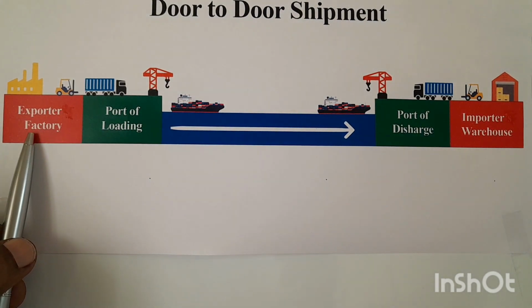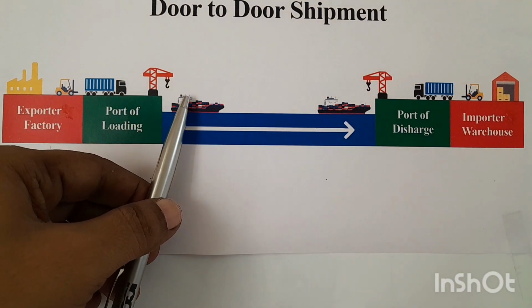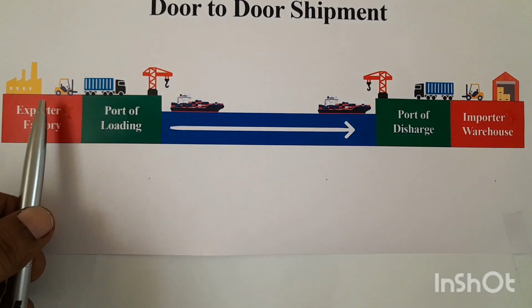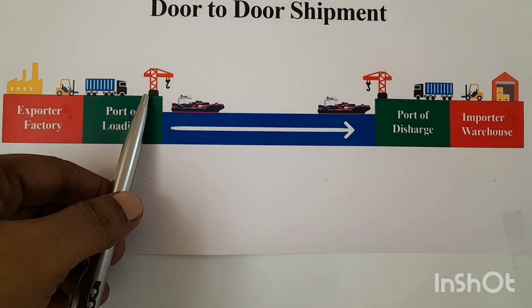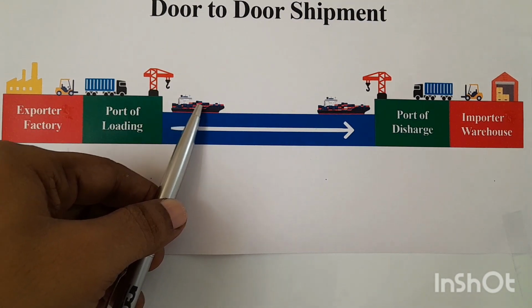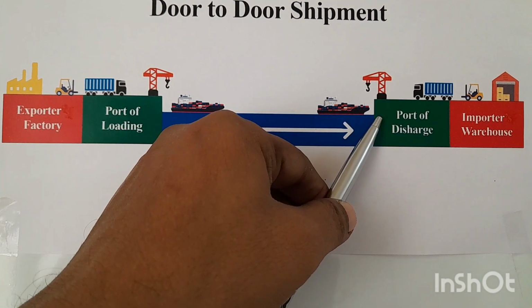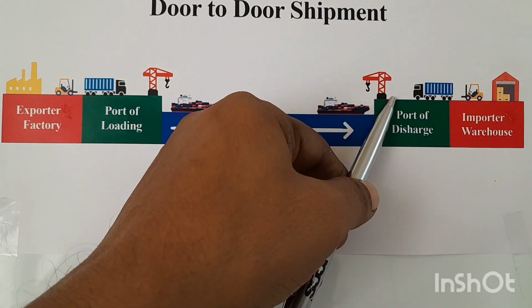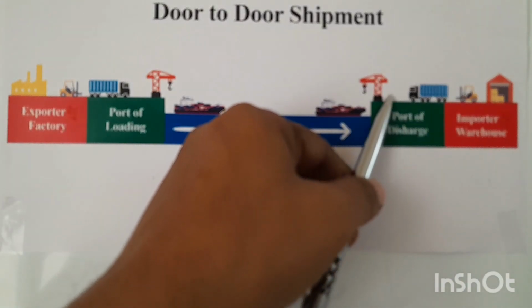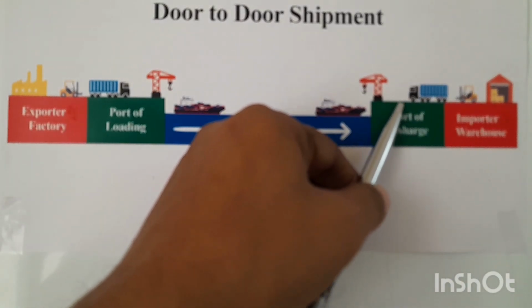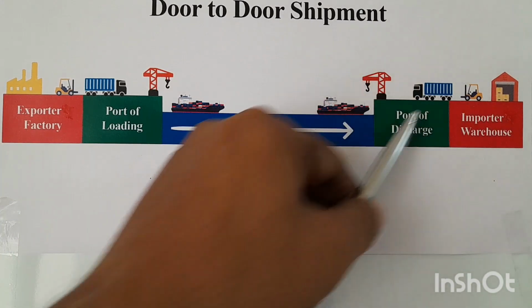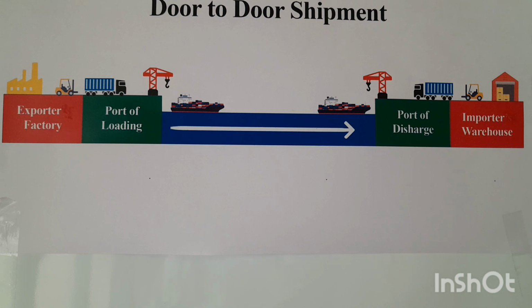So exporter can have a single contract with a carrier, or you can say in general word with a transporter, who will pick up the cargo from the factory, take it to the port, get it loaded on board ship, after loading carries to the port of discharge, gets it discharged at the port of discharge, then engages another transport or uses own transport if he has got the road transport and sends the container to the importer warehouse. So this becomes the multimodal transport.